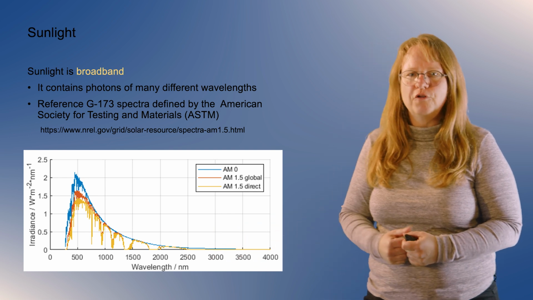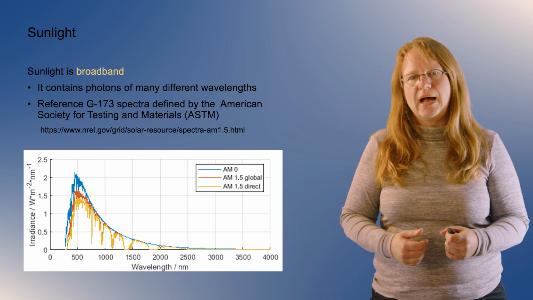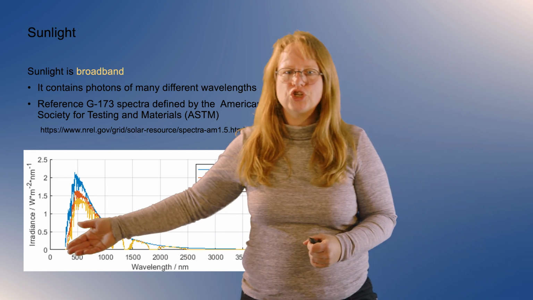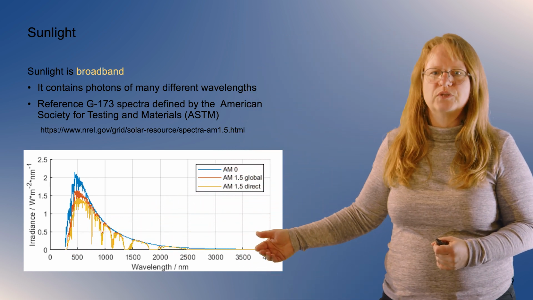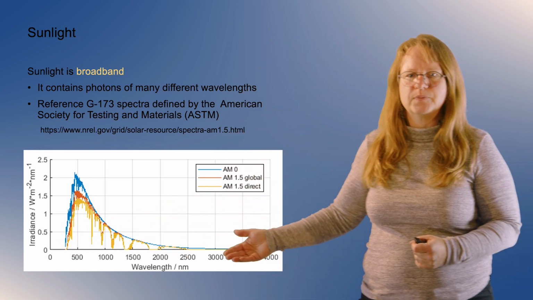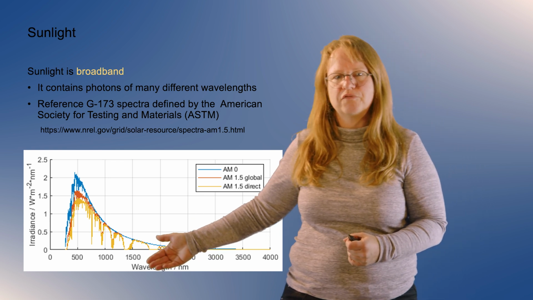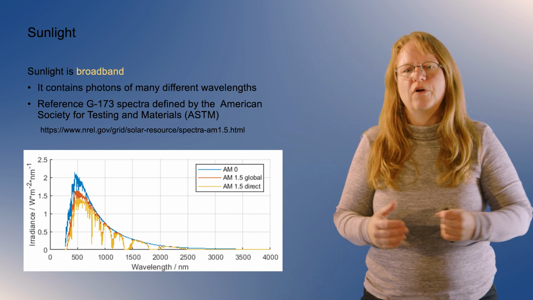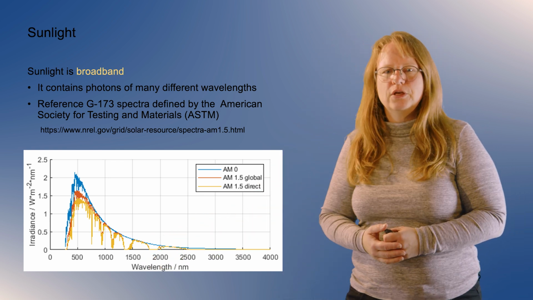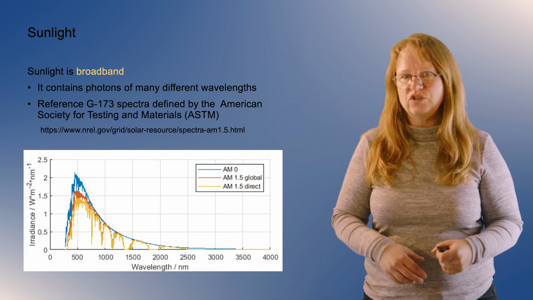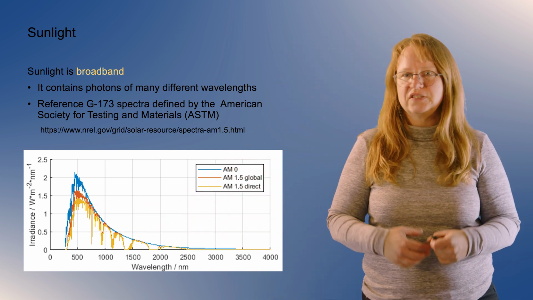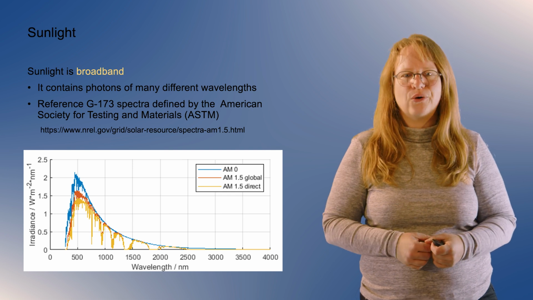And we see that we have radiation going from something like 300 nanometers up to, it's plotted here to 4 microns, but you definitely have significant parts of radiation up to something like 2.5 micrometers, for example. So the photons that the sun is sending out have different wavelengths, different frequencies, and different energies also.